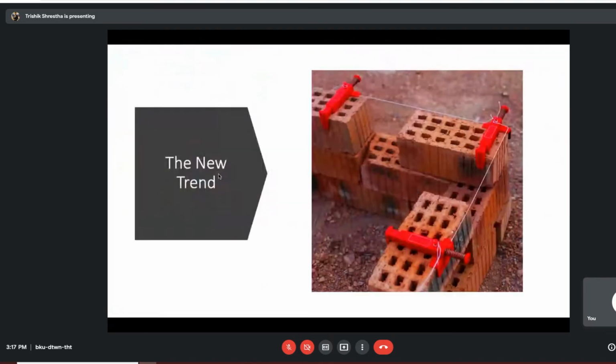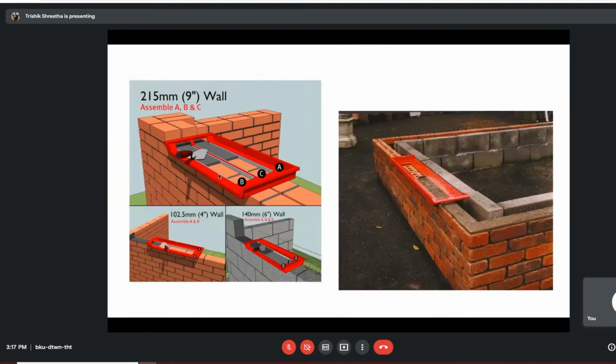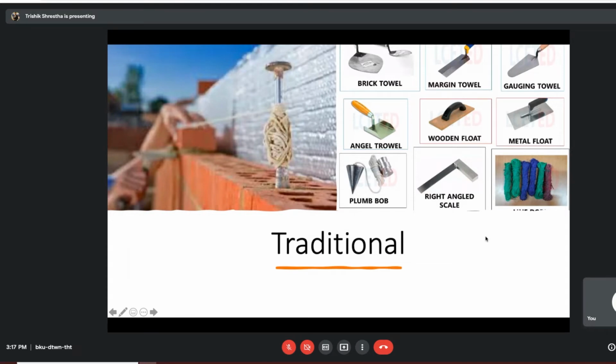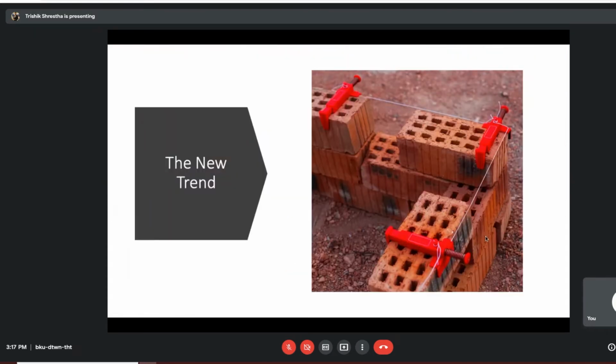Anyway, so this is the traditional way of doing it, right? What these two particular tools allow the bricklayer to do is this: it's a very cheap plastic spring that is attached to the brick, and the string goes along the perpendicular section of these clamps, and it basically does what all of these tools combined would allow the bricklayer to do. It ensures that the brick is being laid at the needed position.